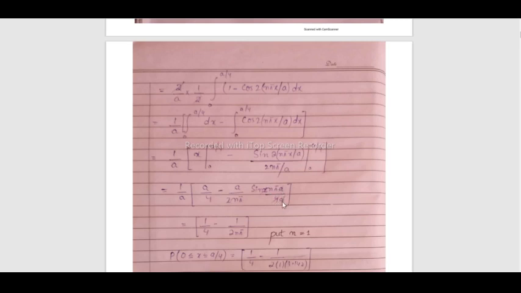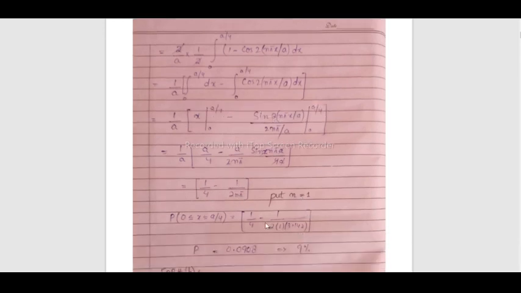So a and a are cancelled. Actually this whole is the angle, 2 into 1 is 2, 2 into 2 is 4, a and a cancel out, so we are left with a upon 4, 1 upon 4 minus, 2, 1 upon 2 n pi, put n equals to 1. So this is basically the equation.